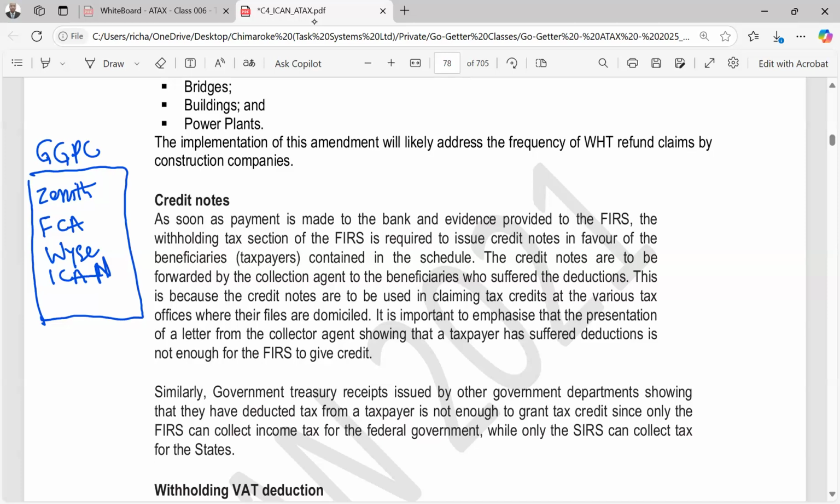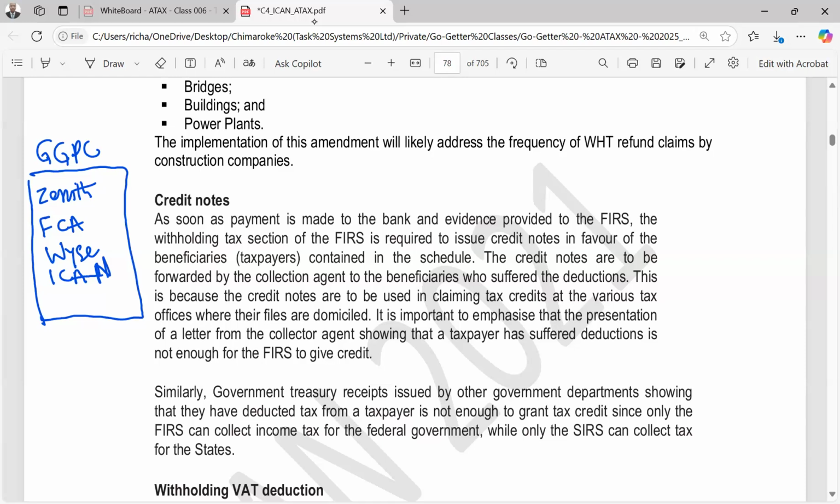Now, this withholding tax credit note will not be given to them, it will be given to GGPC. Now, this GGPC is the collection agent. Because this GGPC collects this withholding tax, it is registered as a collection agent.